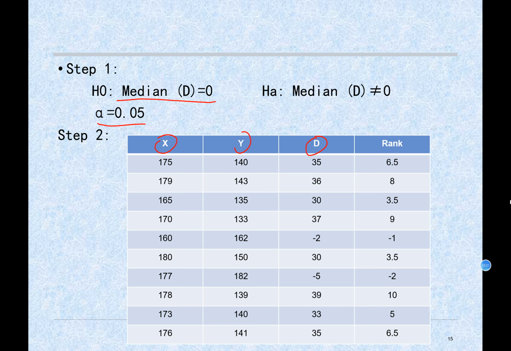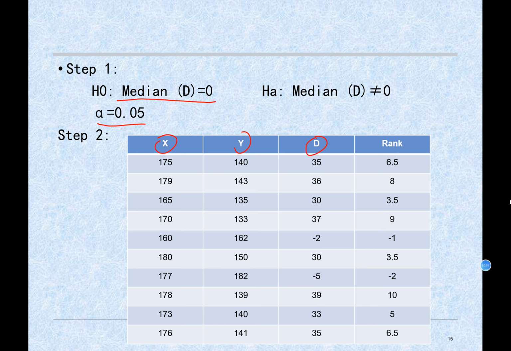Its absolute value is 2, is the smallest, so its rank is 1, and we attach the signs of the original difference to the rank, so its rank is -1. And which one is number 2? This one is -5, so its rank should be -2.